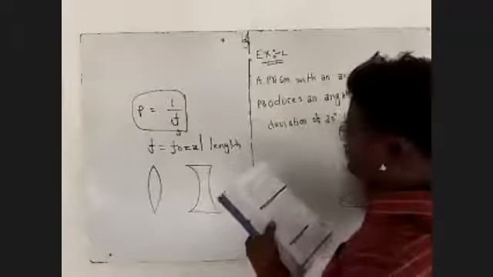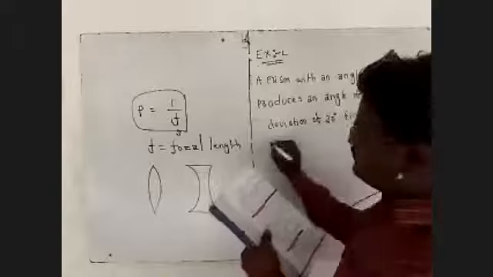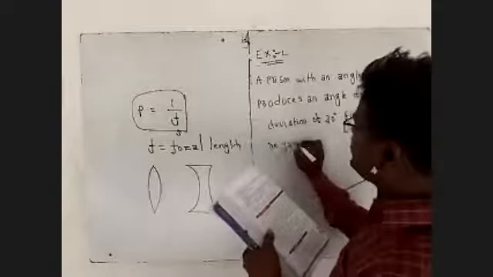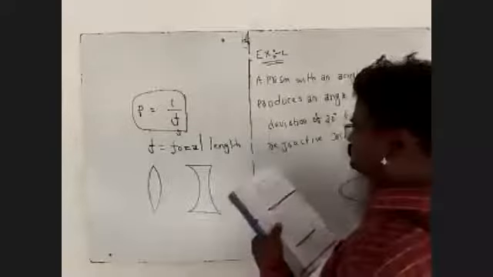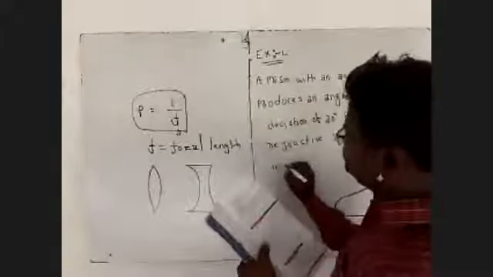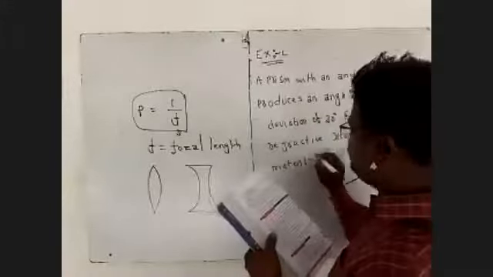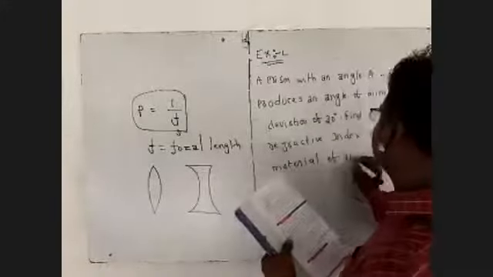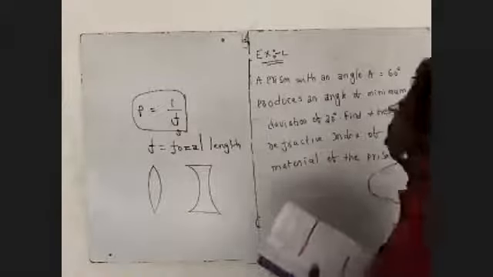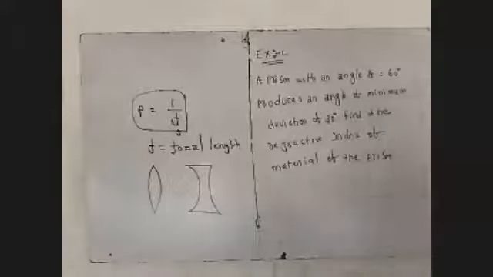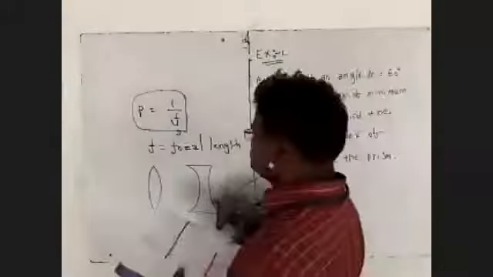Find the refractive index of the material of the prism. This is the question that is given. How can you find out this answer?